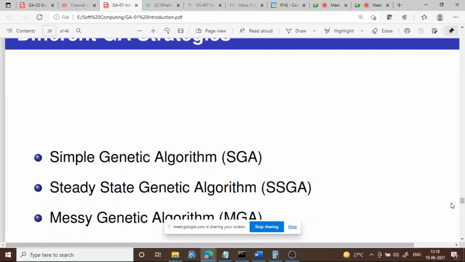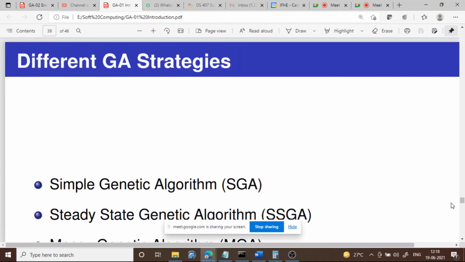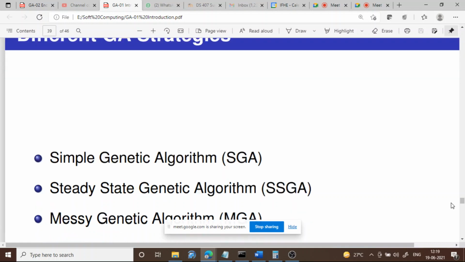All these are basically optimization techniques. Genetic algorithm is also an optimization technique, but it is applied to those problems which are really very complex to solve and which involve so many parameters. If you try to apply the traditional optimization techniques, then the cost involved may be very high, or it may be very time consuming, right?